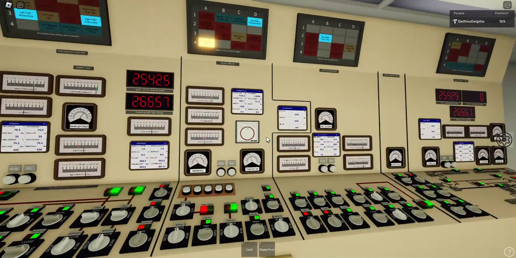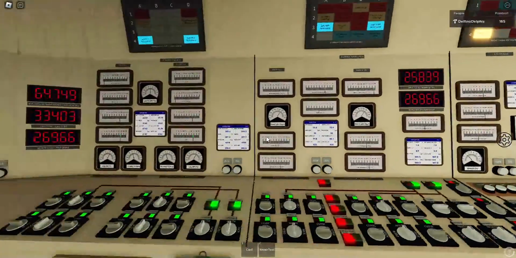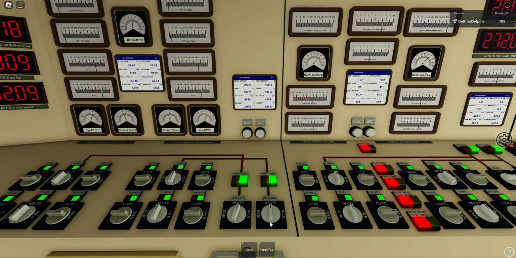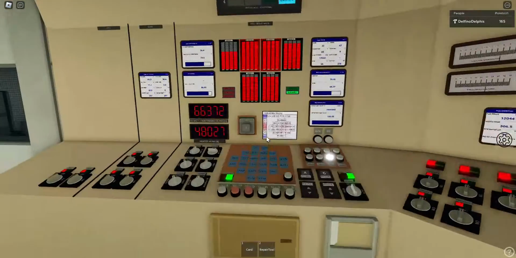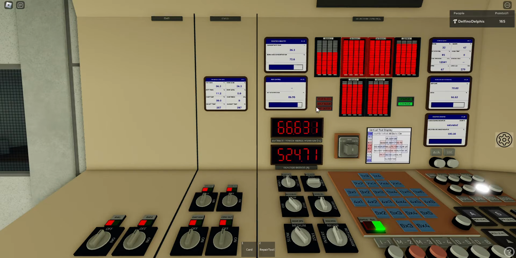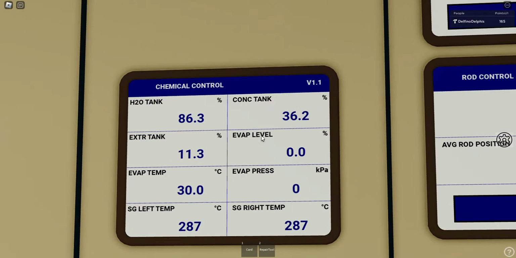Let me just check if everything is okay. Yeah. Okay, let's put 310 here. So whenever something is injected into the core, either it's water or it's the boron concentrate, the same amount is taken out of the core and gets into the extract tank.